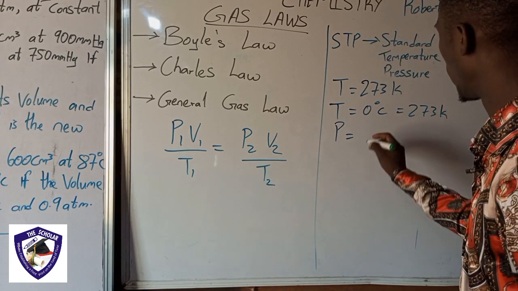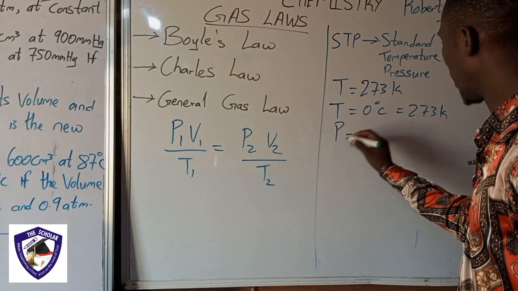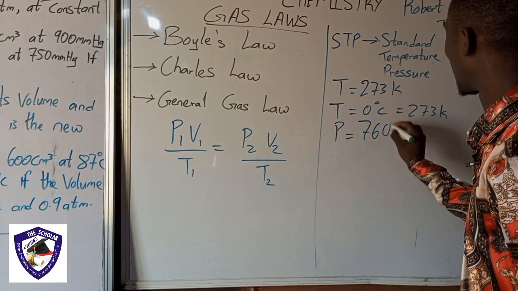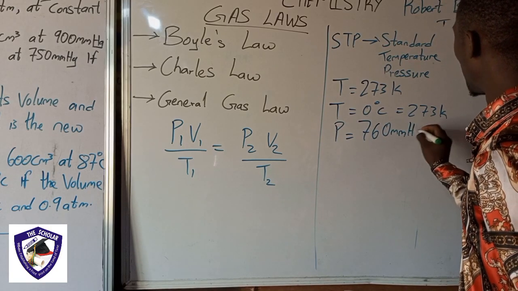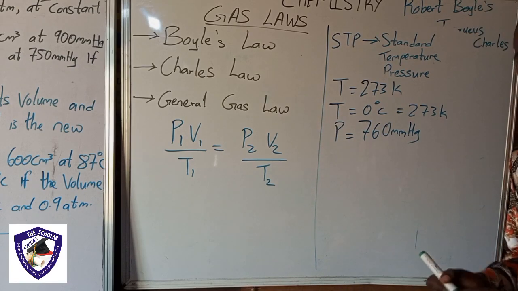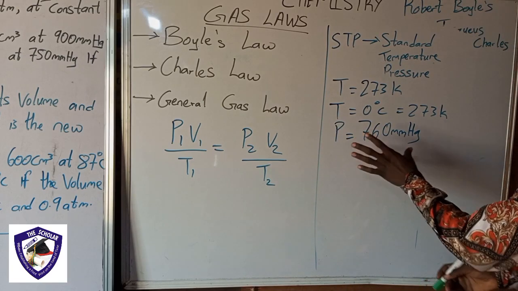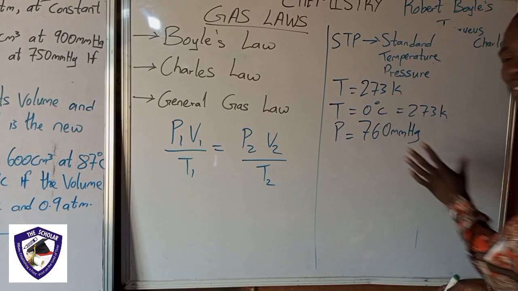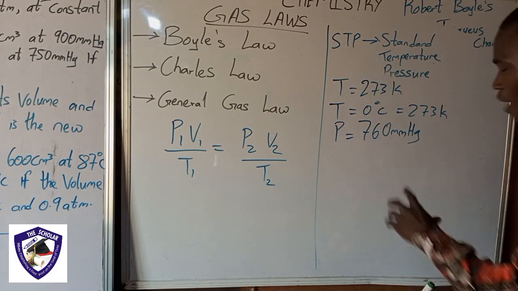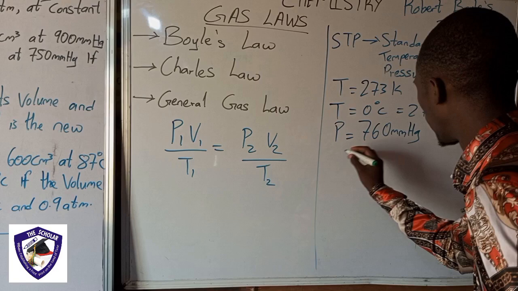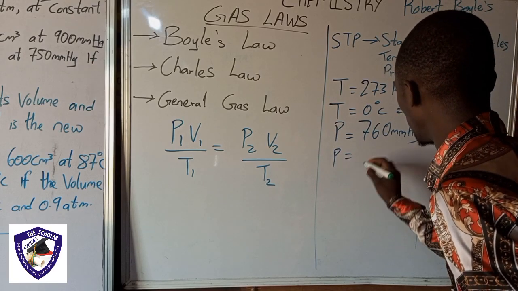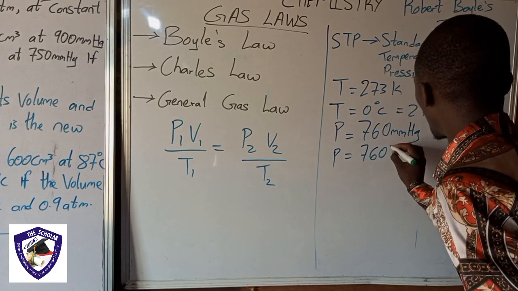Now, for millimeter mercury, pressure is equal to 760 millimeter mercury. So our standard value for pressure is 760 millimeter mercury. Now for torr, pressure is also equal to 760 torr.